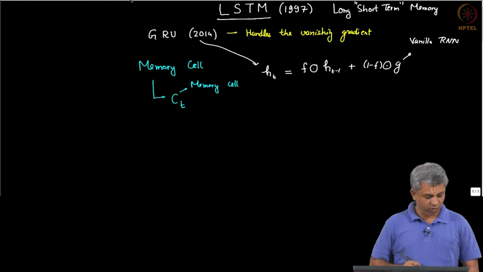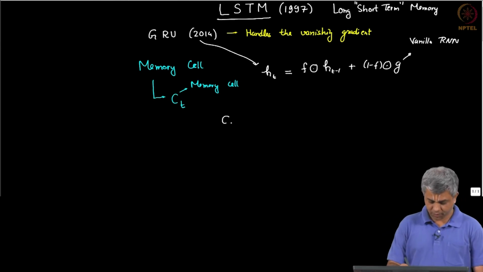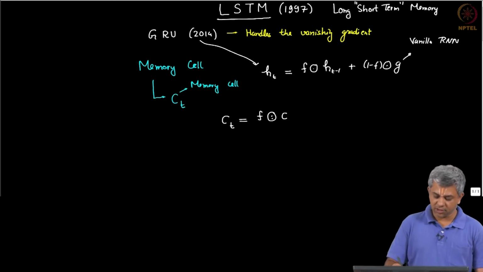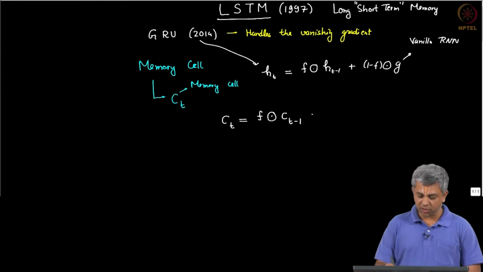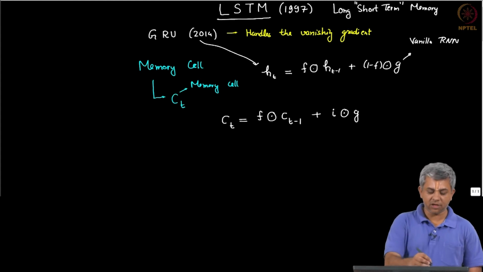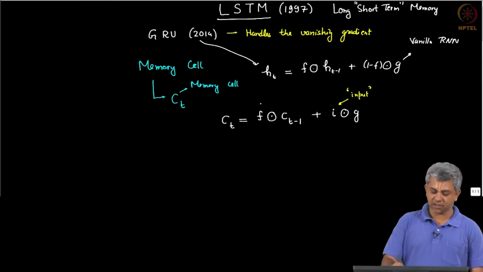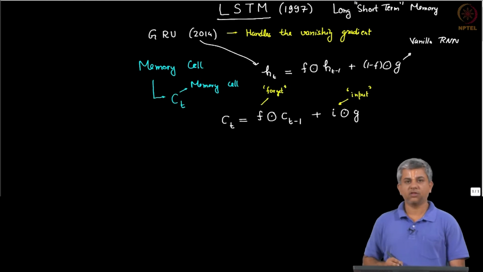So, I will just show you the formulation. So, we write CT, notice the analogy with what we had before is f times, this is once again the Hadamard product or the element wise multiplication product, f times CT minus 1 plus I times G, where I is now called the input gate, f is like last time it is called the forget gate.